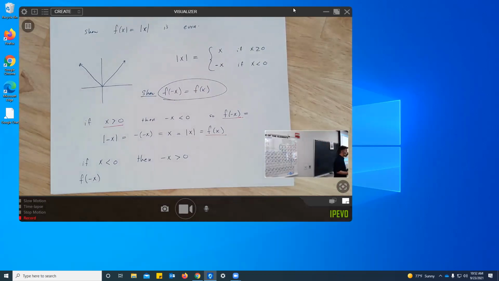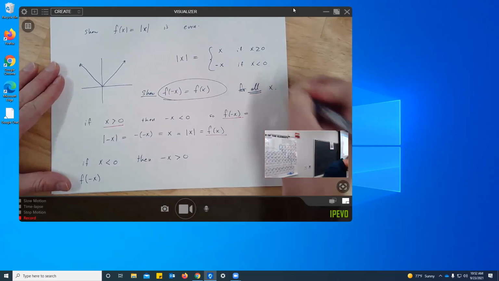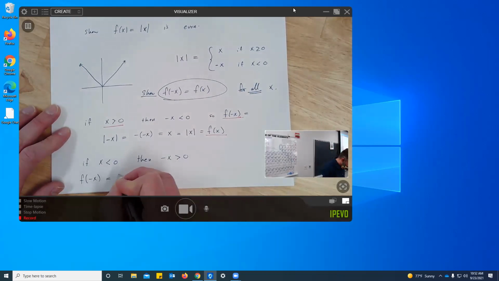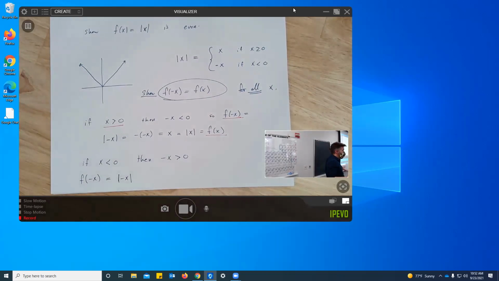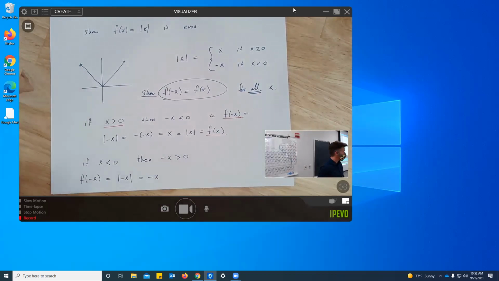So we have to show that it's true for every value of x. So if x is less than 0, f of negative x is the absolute value of negative x, well, since the insides are already positive, the absolute value of a positive number is just that number. So that's just going to be negative x.